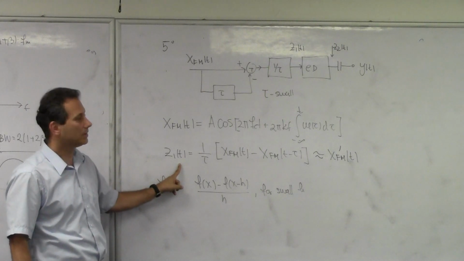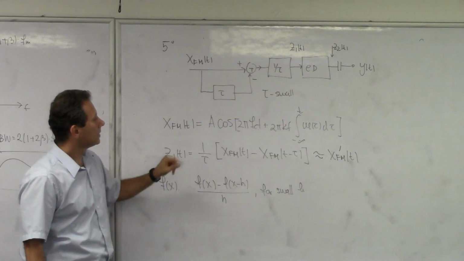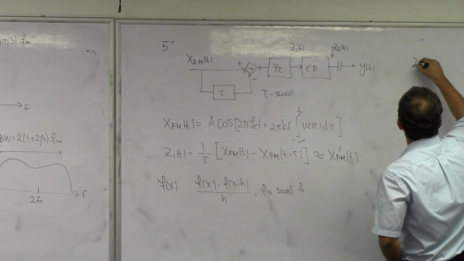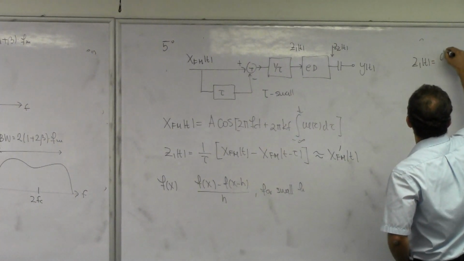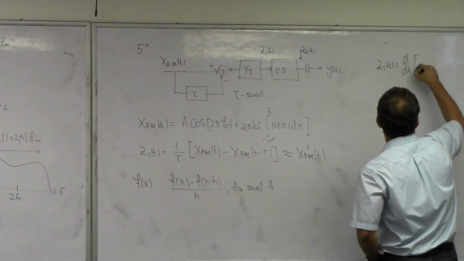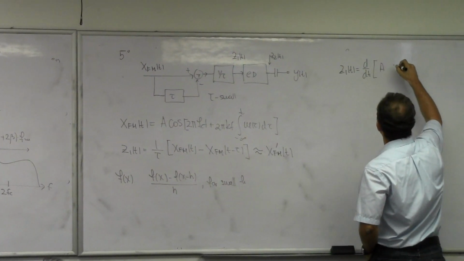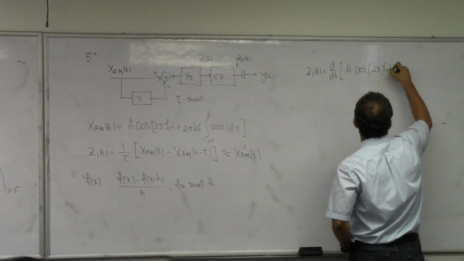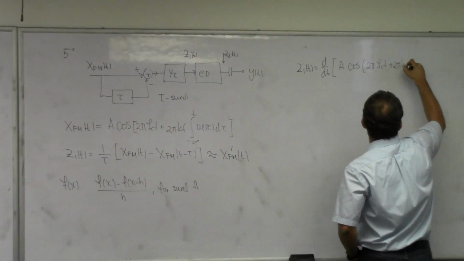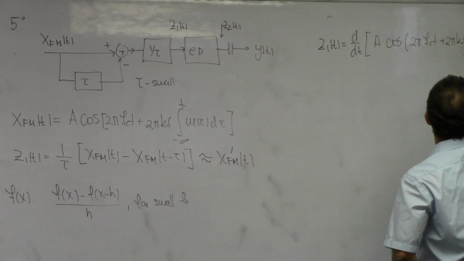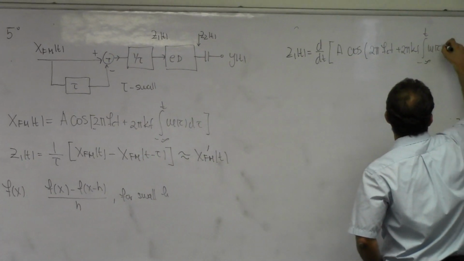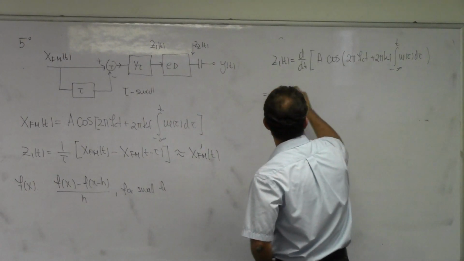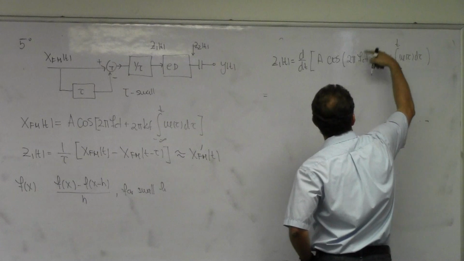Derivative of this. Okay? So now that I know that, let me evaluate z1 of t. z1 of t is d over dt of A times cosine of 2 pi fc t plus 2 pi kf integral from minus infinity to t of m of tau d tau. When I take the derivative here, it's a derivative of what is underneath this integral.